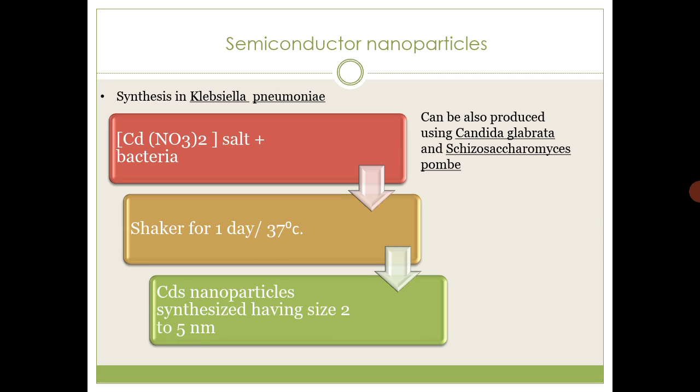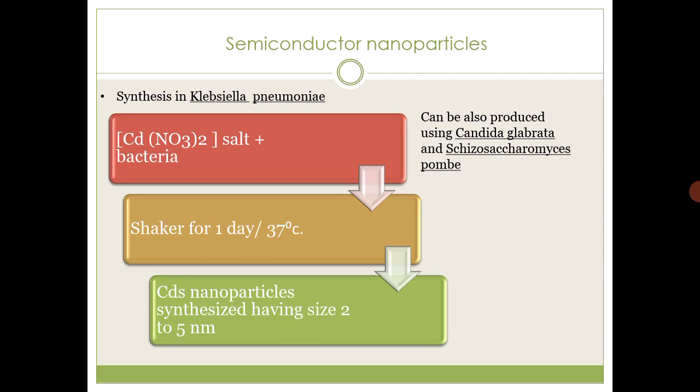Now the next example in the semiconductor nanoparticles is Klebsiella pneumoniae. We all know the Klebsiella pneumoniae organism, bacteria. This bacteria is also able to produce the cadmium sulfide semiconductor nanoparticles.